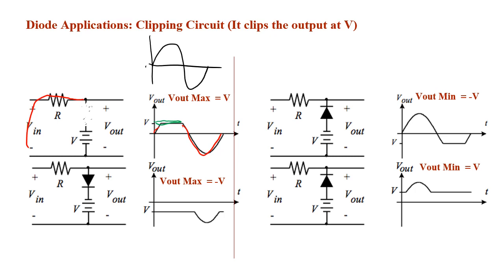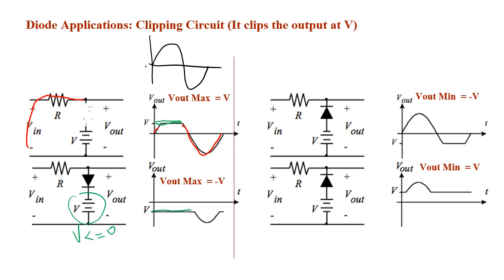Except at the output, you're going to clip the input voltage at V. Depending on the polarity of V, you'll notice that V could be a negative voltage or a positive voltage. Here, notice, for example, in this circuit, V is less than 0, right? And here you also clip the output at V, except that V happens to be less than 0, and so on.